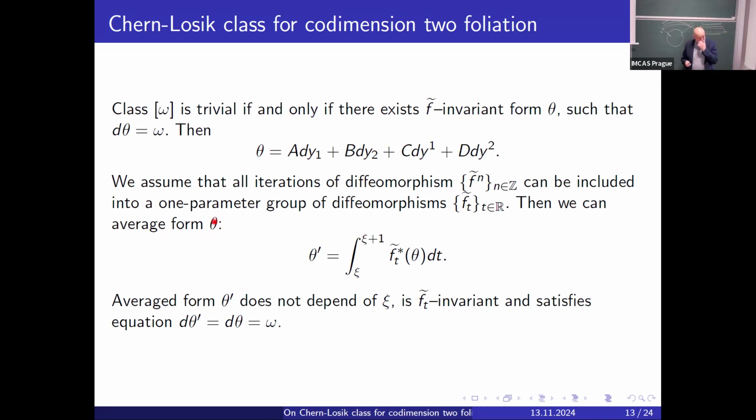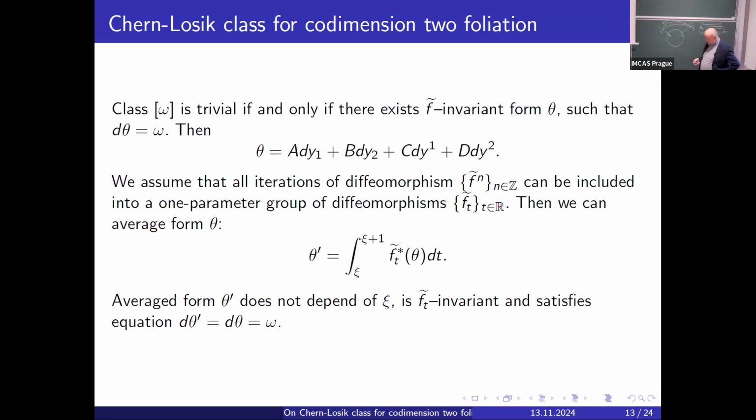Okay, and now theta looks like this: a dy1, b, c, d. So a, b, c, d are some functions. And now we use the following trick. We assume that all iterations of this diffeomorphism can be included in one parameter group of diffeomorphisms.